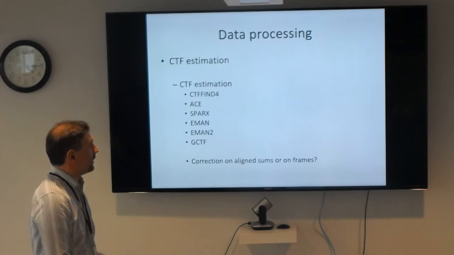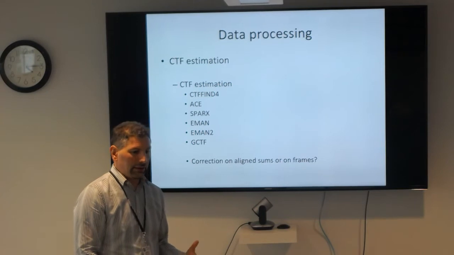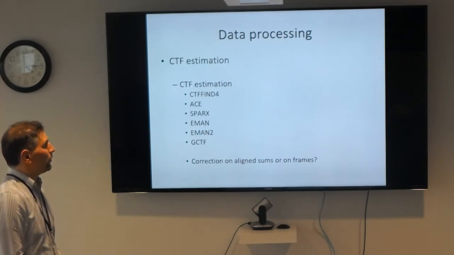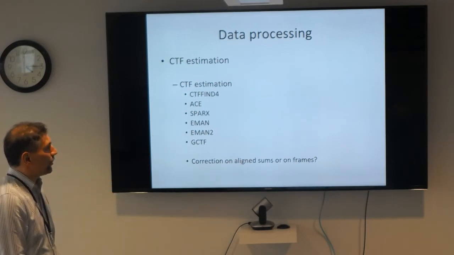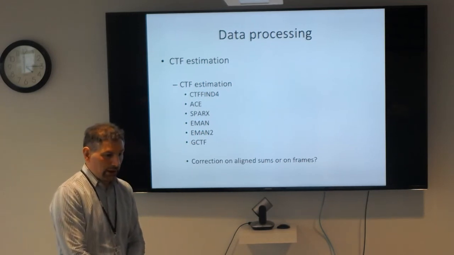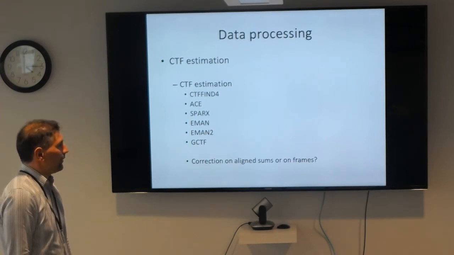Practice your creativity. Then again, obviously there's your CTF estimation. It's estimating the defocus value. Many different programs to use them. Some of them are not used, ACE, for example; EMAN is not used that much. CTFFIND4 is used here. It's fast. It's robust. It gives you good CTF values. We use Gctf sometimes.